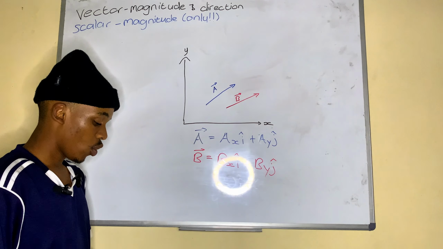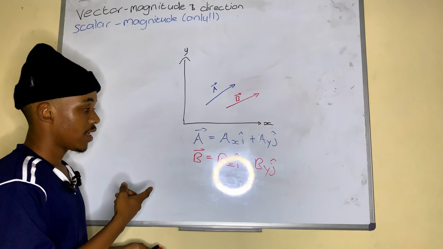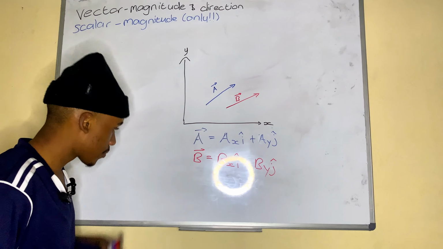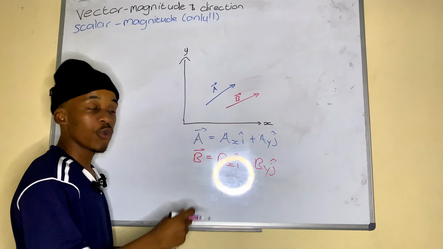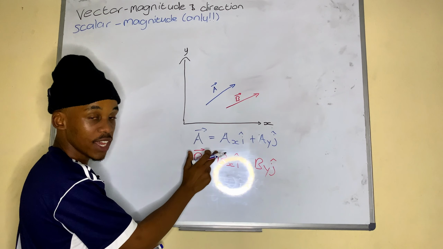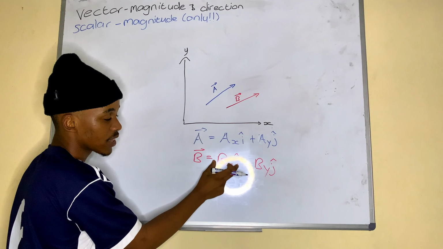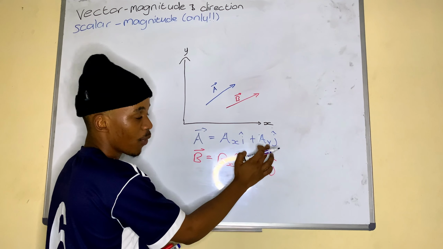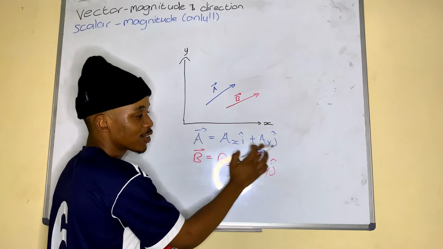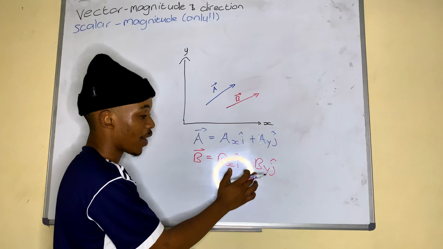Subtracting two vectors also works in a similar way as addition. And so we match the component of A that lies in the x direction with the component of B that lies in the x direction, and the component of A which lies in the y direction with the component of B which lies in the y direction.